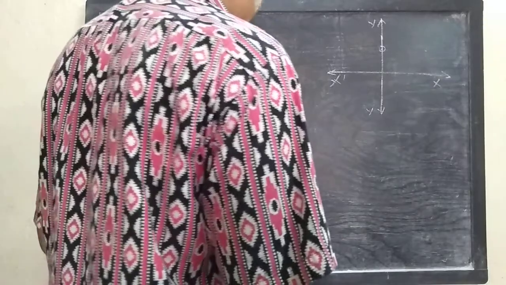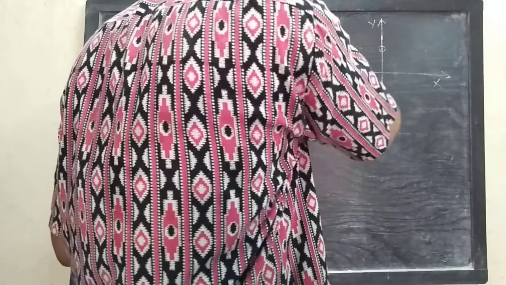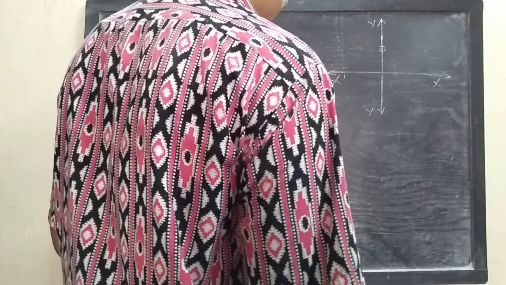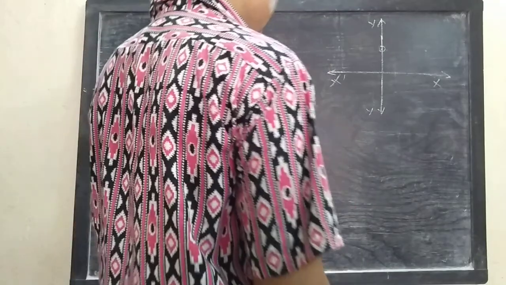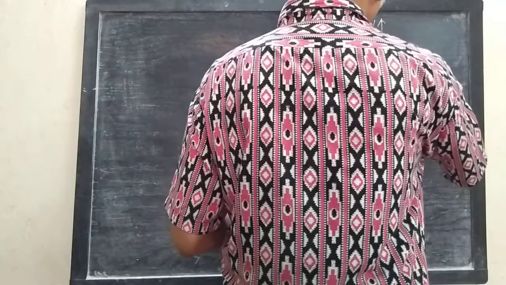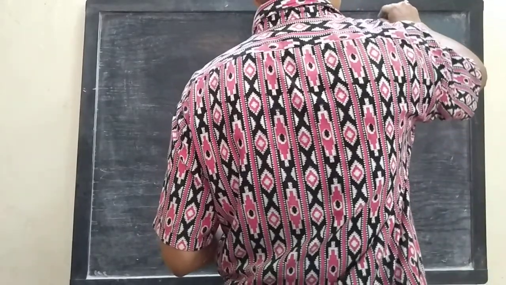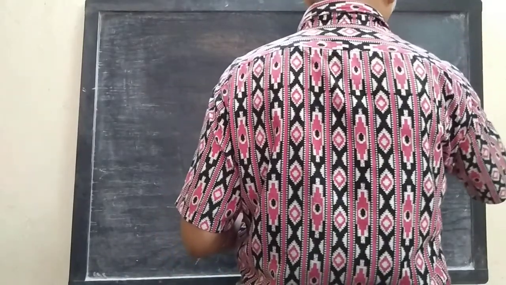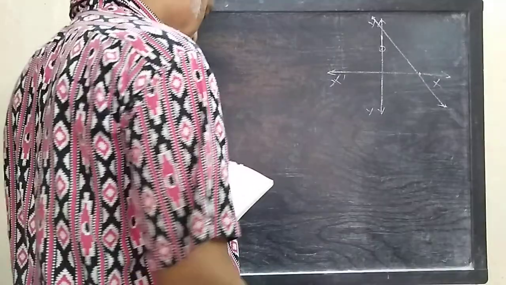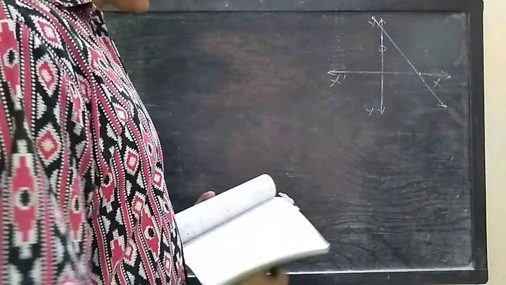You have a circle which touches the y-axis at (0, 5) and whose center lies on the line 2x plus y equals 30. The line will be in this way: x equals 15 here, and y equals 30 here. The center of the circle lies on this line. And you are asked to find the equation of the circle.